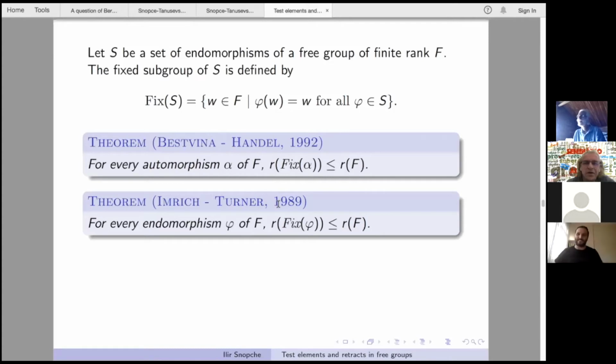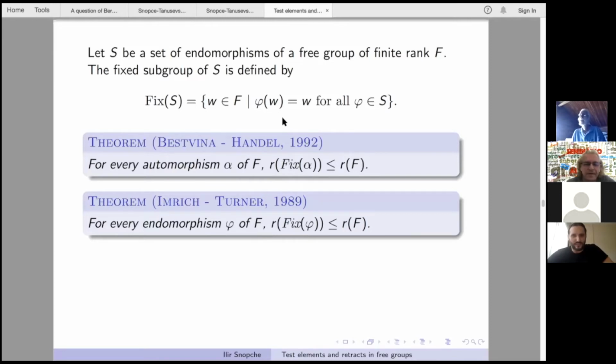I think actually the area started with the result of Gersten, which was published in 87, that the fixed points of any automorphism of a free group are finitely generated. I think this was the first result in the area. And then it was sort of a blow up.